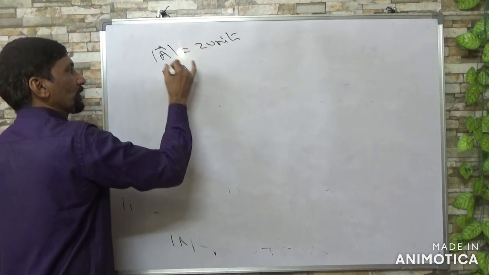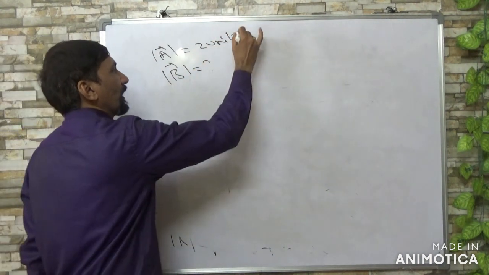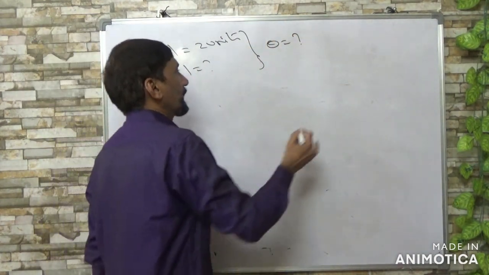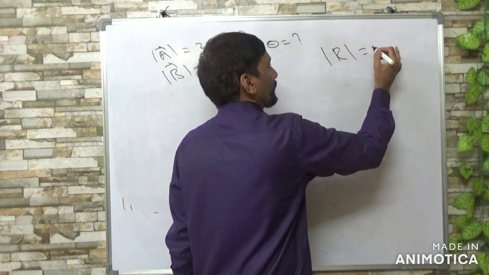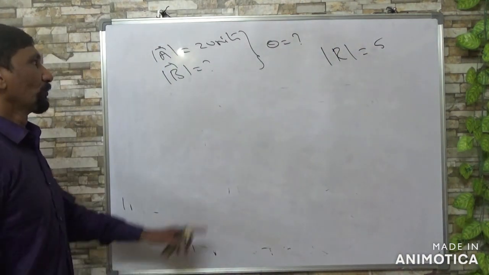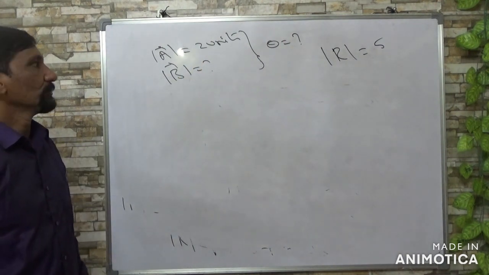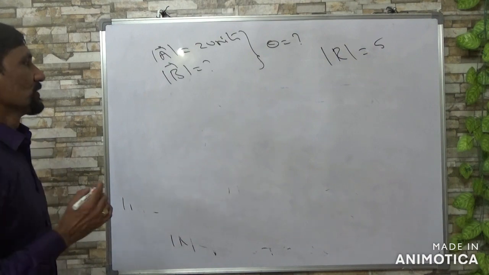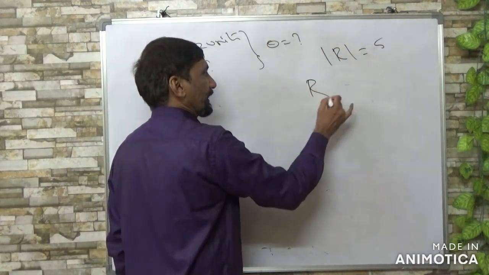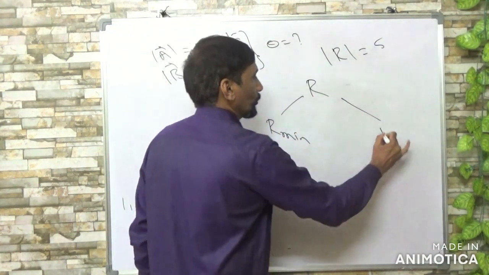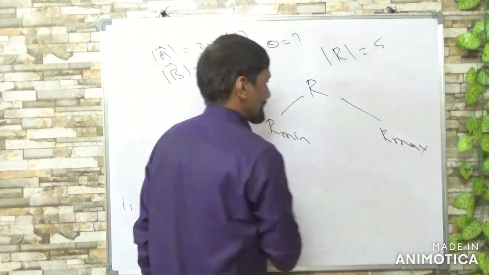But the other one is not given, and the angle between them is also not known. But the resultant is given, say 5. You want to find the other vector. How? Very simple. You know the resultant always lies in between the minimum and the maximum.